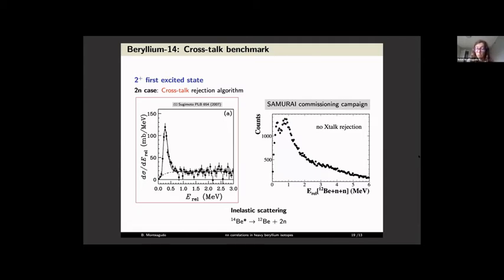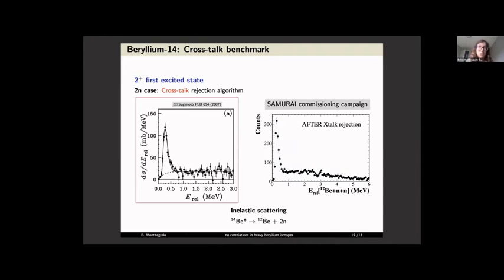And when we apply the crosstalk filter, we end up with this nice narrow peak. So we are sure that we are rejecting most of the crosstalk, but the thing is that to be able to reject the neutron crosstalk, as you say, we could also eliminate some good neutron-neutron events. And this is more pronounced in the low energy part.